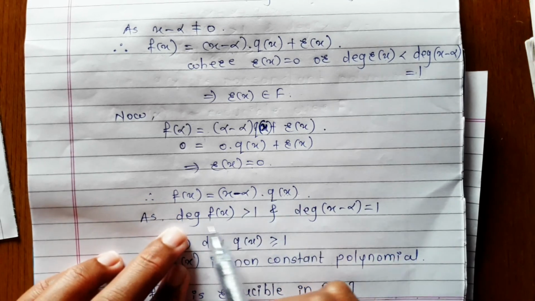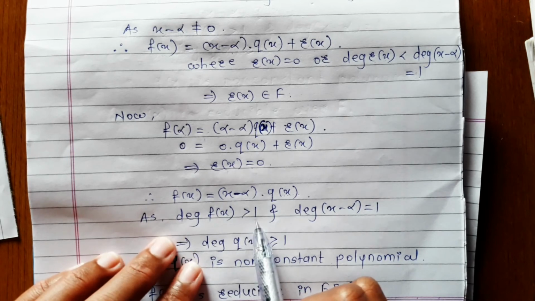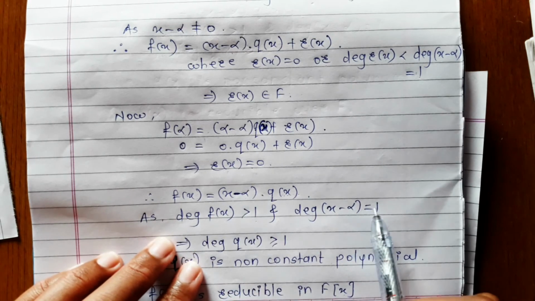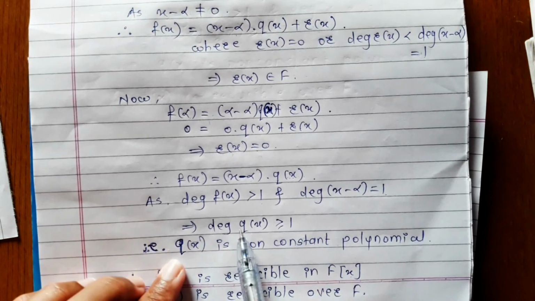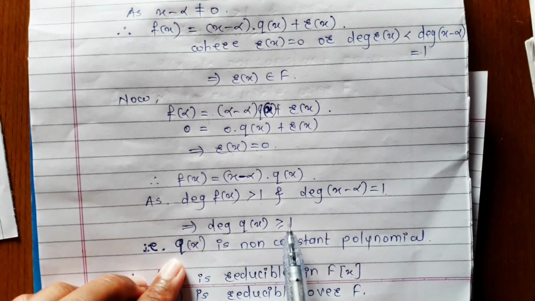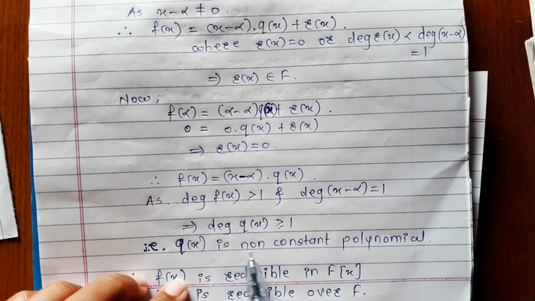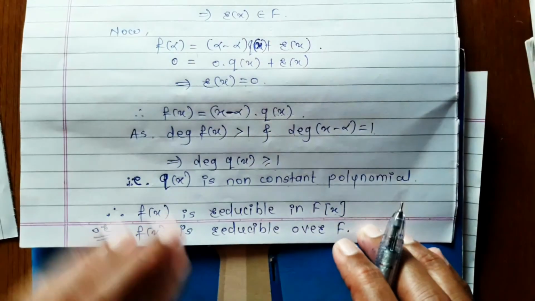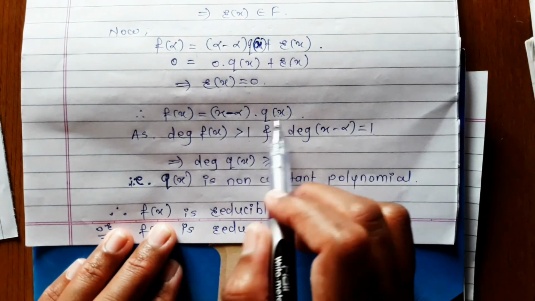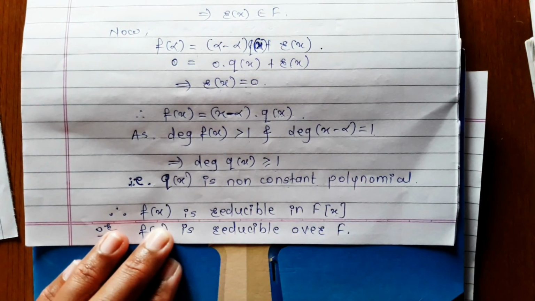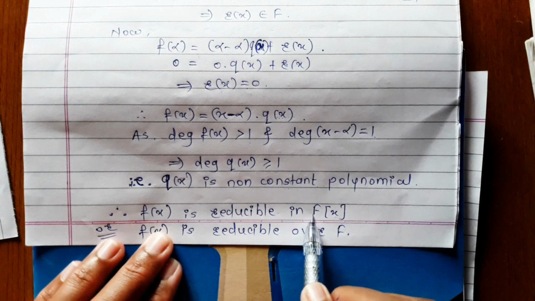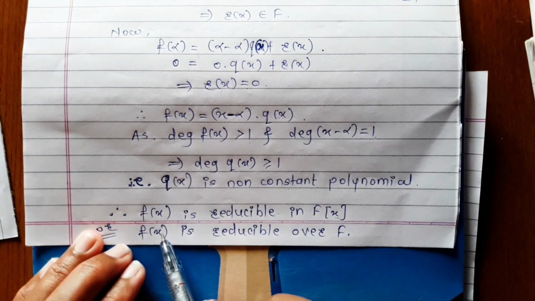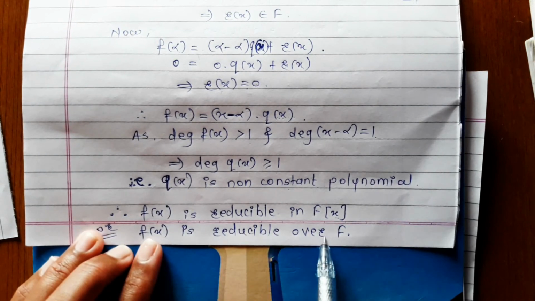It is given that degree of f(x) is greater than 1, and the degree of x minus alpha is equal to 1. This gives that degree of q(x) is greater than or equal to 1. That is, q(x) is a non-constant polynomial. Therefore, f(x) is a product of two non-constant polynomials, and this gives that f(x) is reducible in F[x]. Or we can say that f(x) is reducible over the field F.